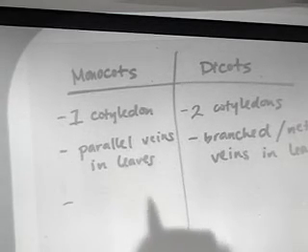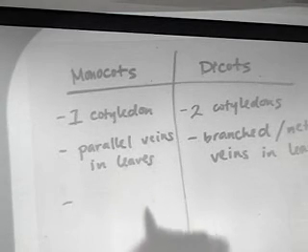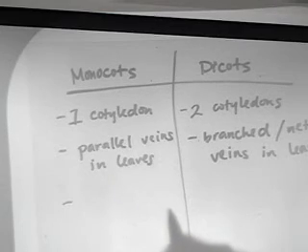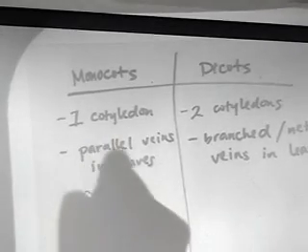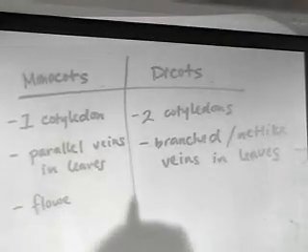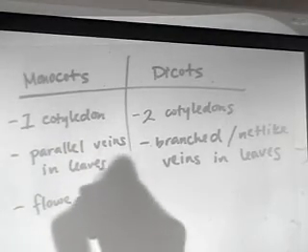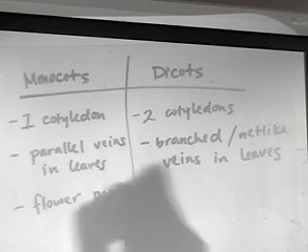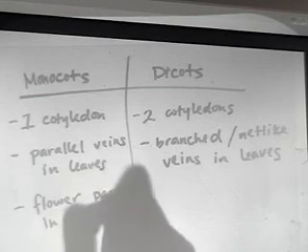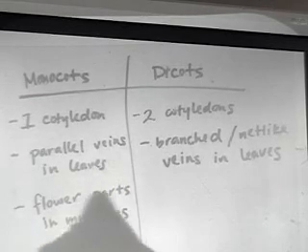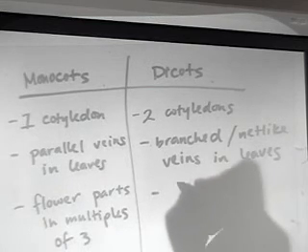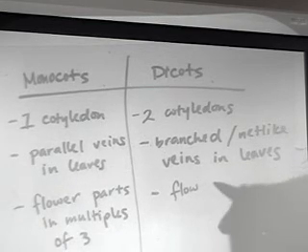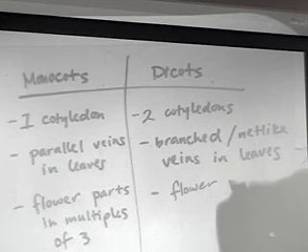If you were to look at the number of flower parts, for example, the petals, you would find monocots have flower parts in multiples of 3: 3, 6, 9, etc. For dicots, you're going to have flower parts in 4s or 5s.